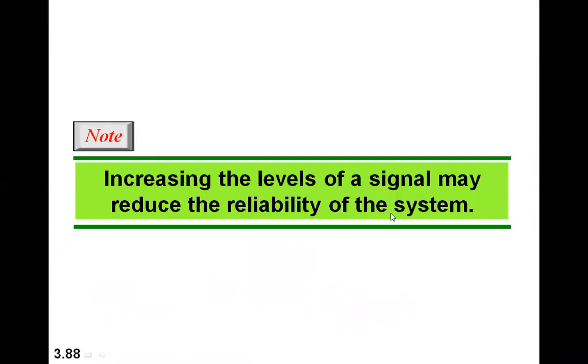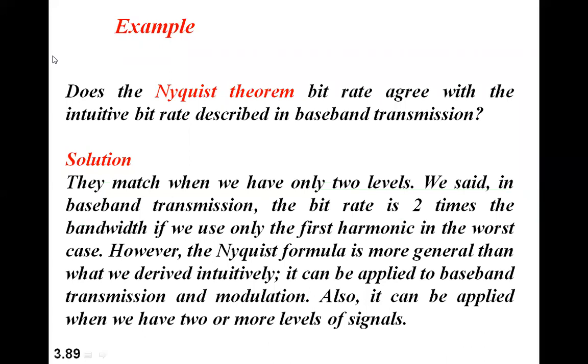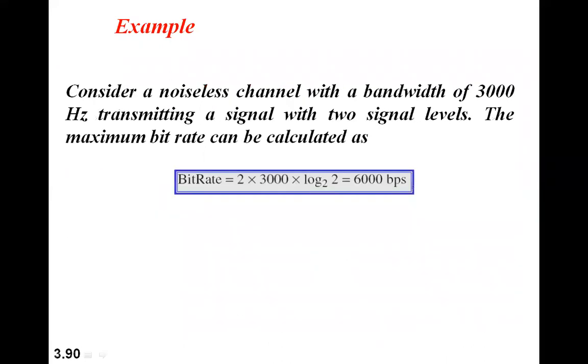Increasing the levels of the signal may reduce the reliability of the system. Okay, one minute, we'll go to this and see. Using the Nyquist criteria, how do we calculate? We calculate bit rate equal to 2 times bandwidth times log of number of levels to the base 2.